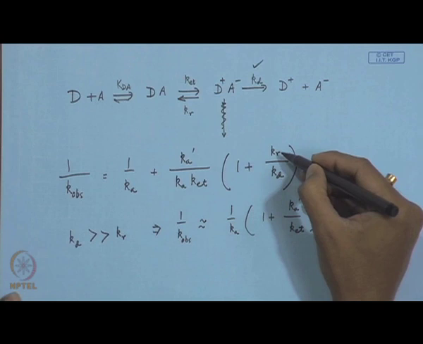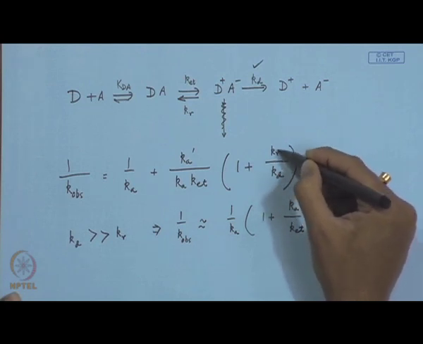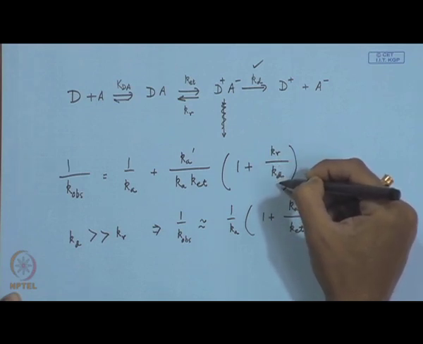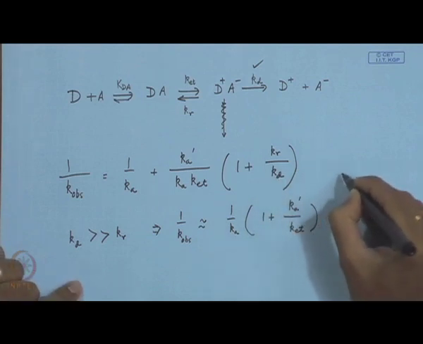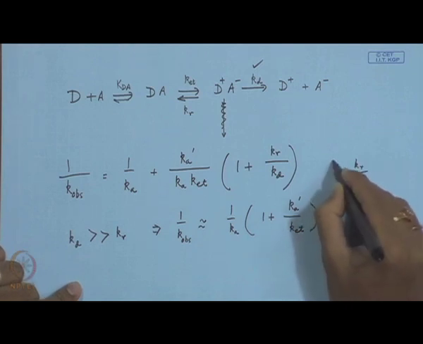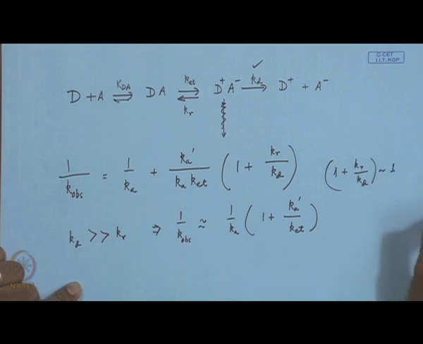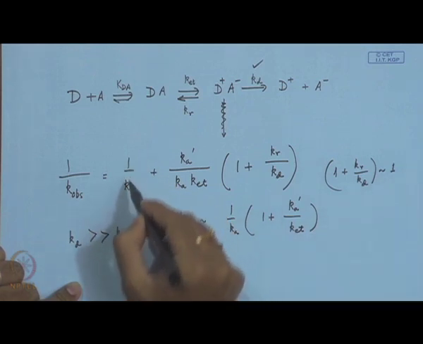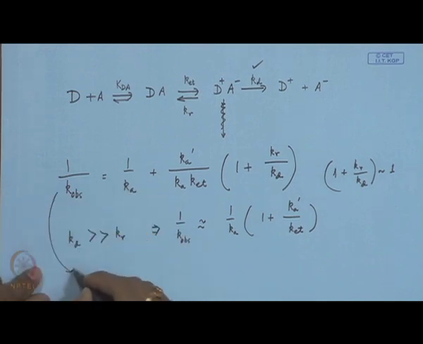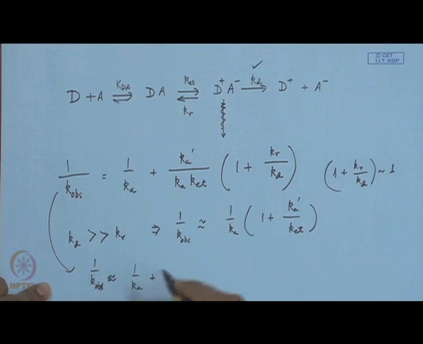Kr by Kd is negligibly small, which means in that case this 1 plus Kr by Kd can be approximated to 1. Therefore, you just have this one, so this can be written as 1 by K obs, which is equal to 1 by Ka plus Ka prime divided by Ka Ket, which gives you this one.